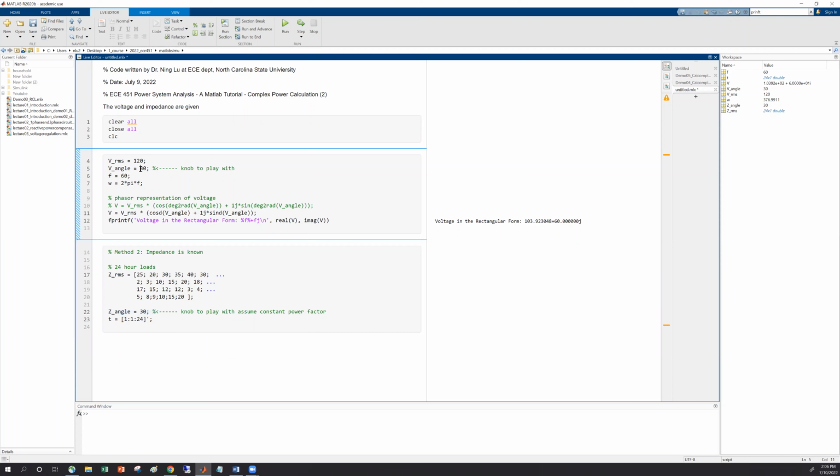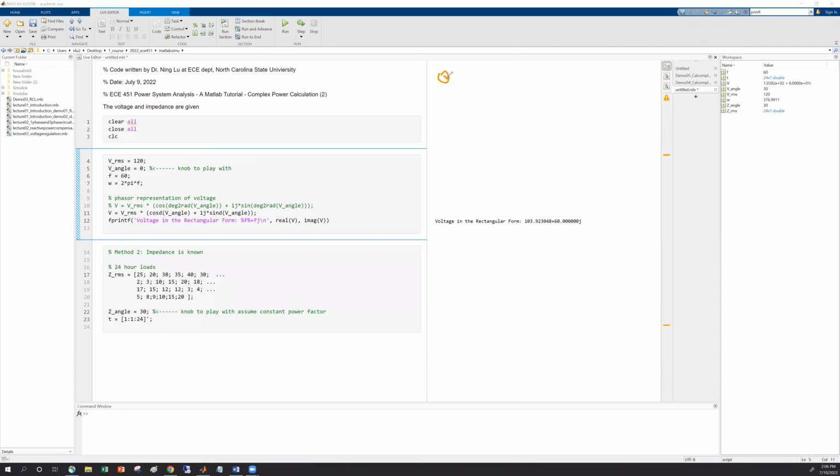Normally we use voltage as a reference, so I'll change this back to 0. Later on, we can change this to another value, because in reality, you have a generator supplying load, you have a transmission line, and then here you may have a distribution transformer.